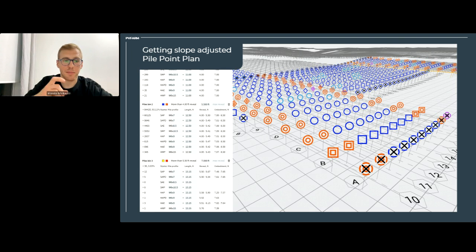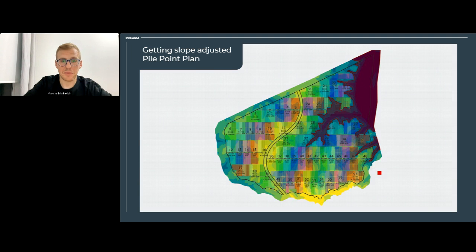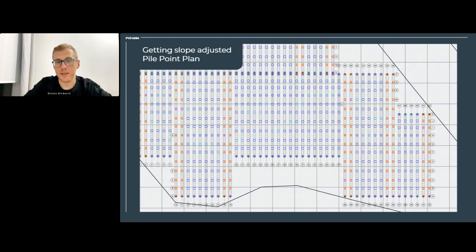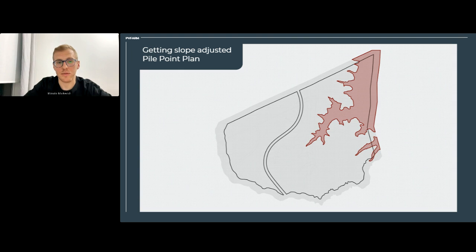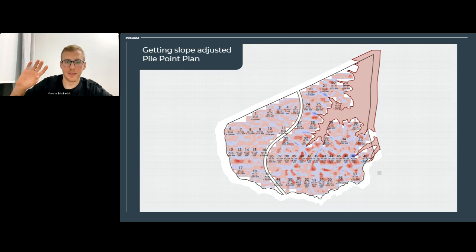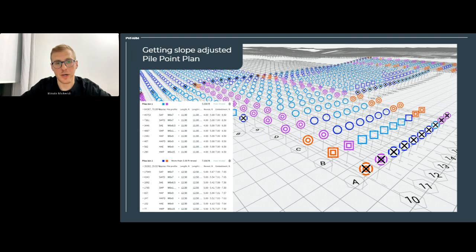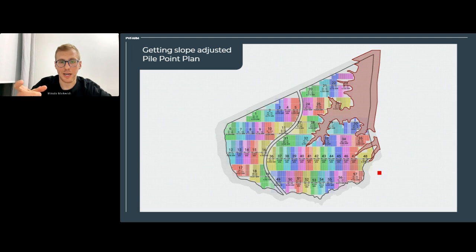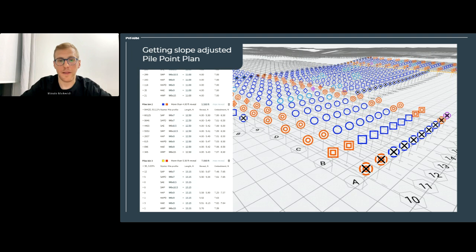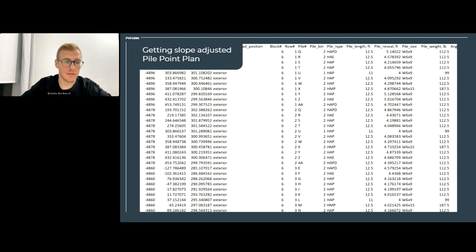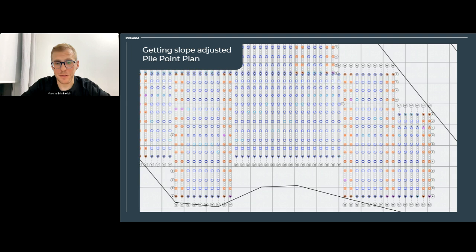Let's say you have a pile with 5 feet of reveal and 7 feet of embedment, and you decide to order piles with 6 feet of reveal and 7 feet of embedment. Then the one that was 5.7 you will make 5.8, so you still have your certain feet, and you just knock it down to the ground more. So that's the pile point plan.